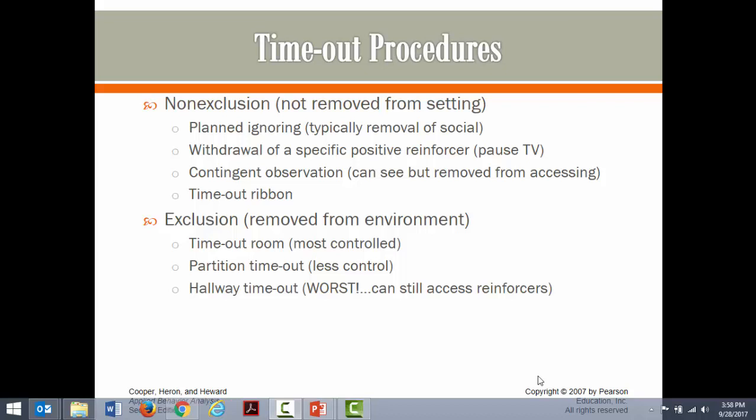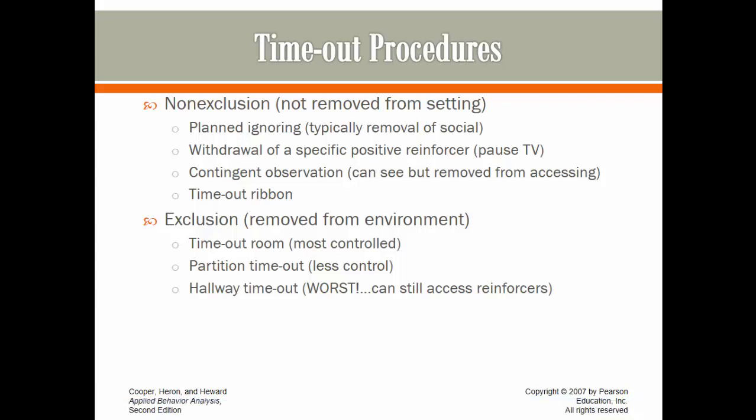The third, the hallway timeout, which seems to be the most popular in schools, is the worst type of exclusionary timeout because typically those individuals are still accessing reinforcers, such as other individuals paying attention to them when they walk down the hall, escape from aversive situations, or access to preferred items.